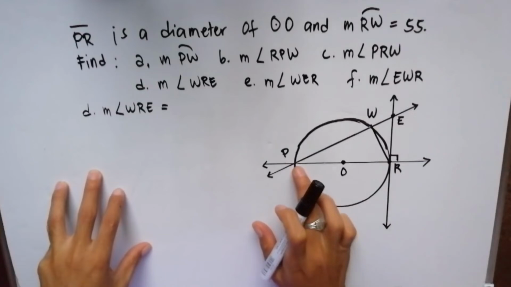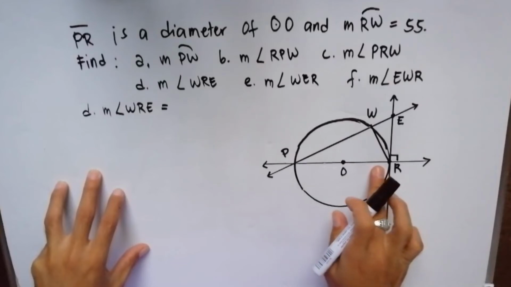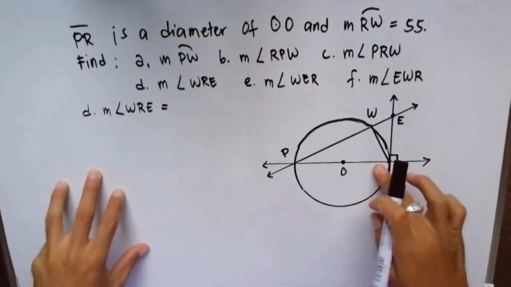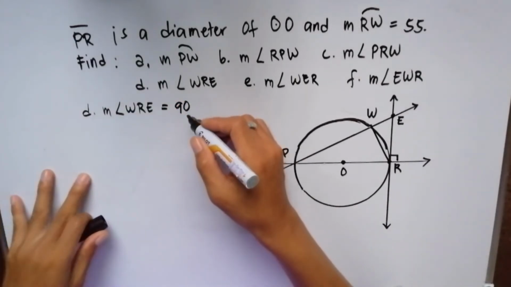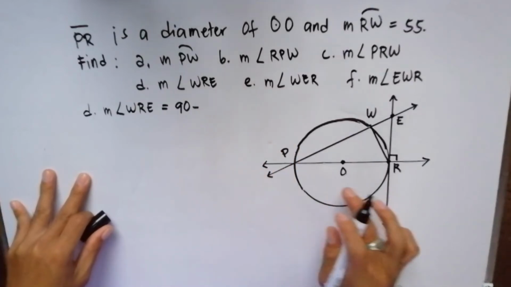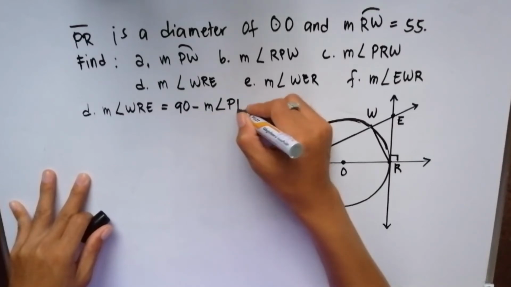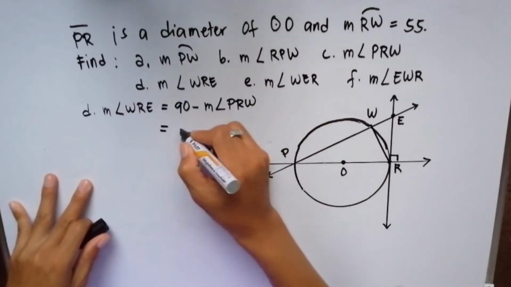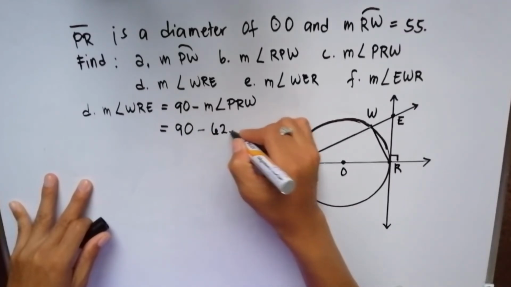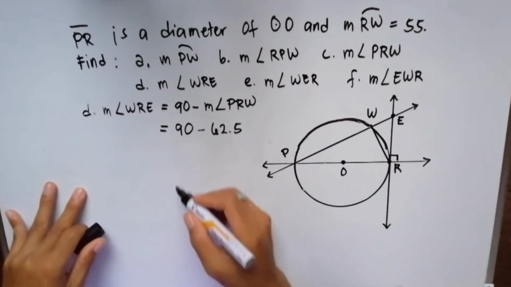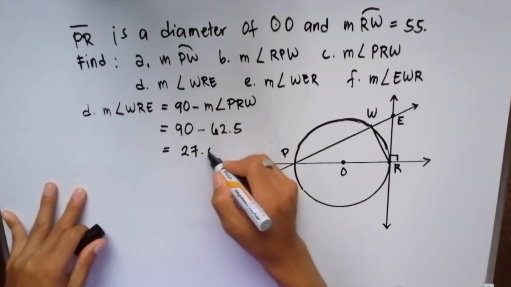So since the angle PRW is 62.5, then WRE is equal to 90 minus the measure of angle PRW. So that is 90 minus 62.5. So therefore, the measure is 27.5.